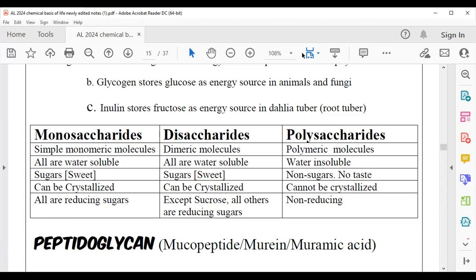Monosaccharides and disaccharides can be crystallized. Polysaccharides cannot be crystallized. All monosaccharides are reducing sugars. Disaccharides, except sucrose, are all reducing sugars. Polysaccharides are not reducing.